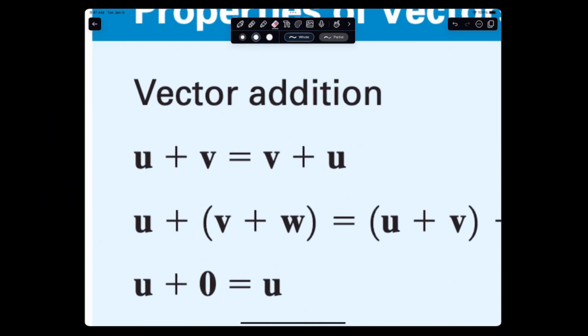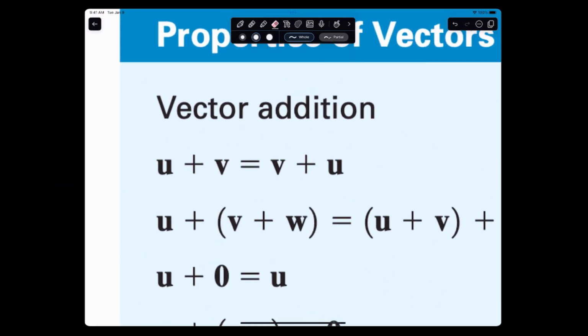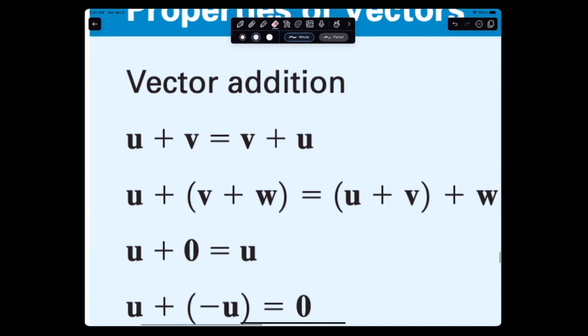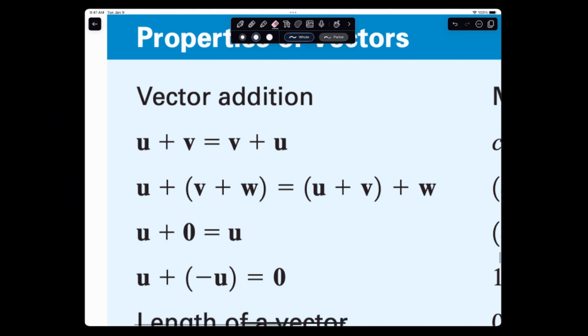So what you're seeing with this first property is called the commutative property, meaning if you add your vectors in different orders, it's still the same answer. It's kind of like commutative for arithmetic, right? 5 plus 2 is the same as 2 plus 5. So that works for vectors as well. The next property is called the associative property, by the way. When you group 2 vectors together, like v plus w, and then you add u on the left, that's the same as just grouping the first 2, u plus v.